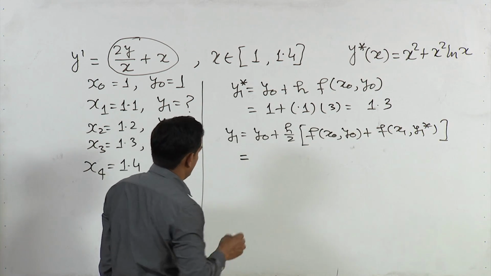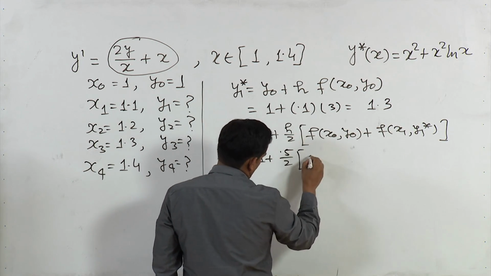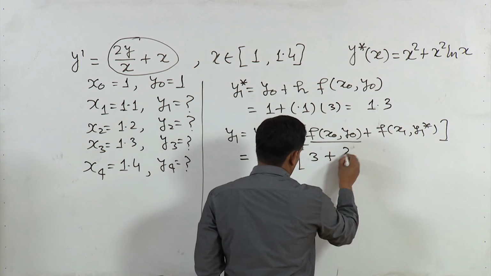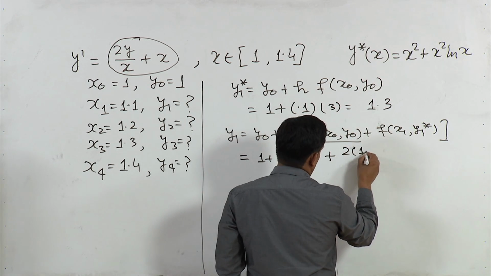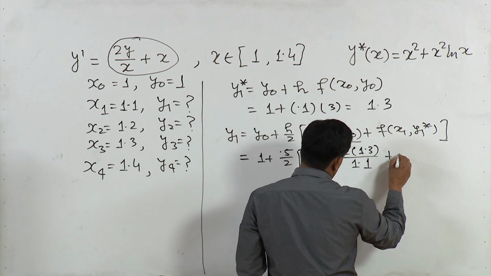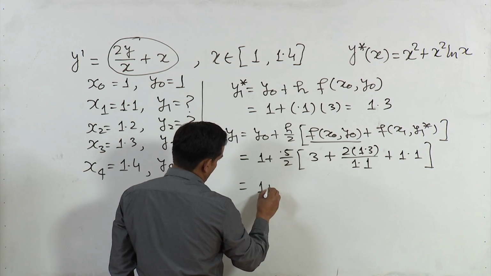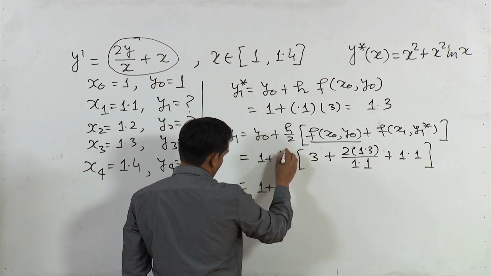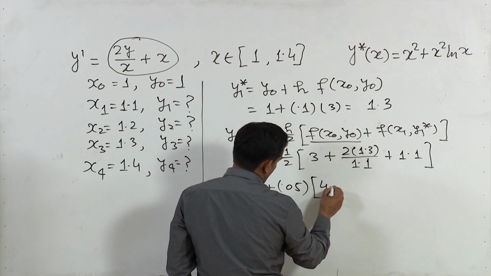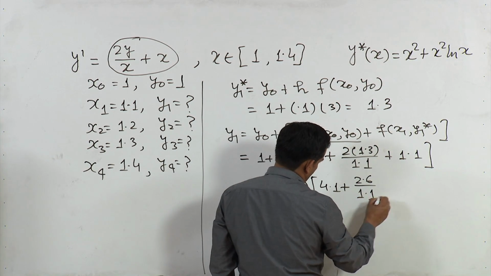So, y0 is 1 plus h is 0.1, so 0.05 into f of x0 y0, which is 3, plus f of x1 y1 star, which will become 2 into 1.3 upon x1, which is 1.1, plus 1.1, that is 4.1 plus 2.6 upon 1.1.